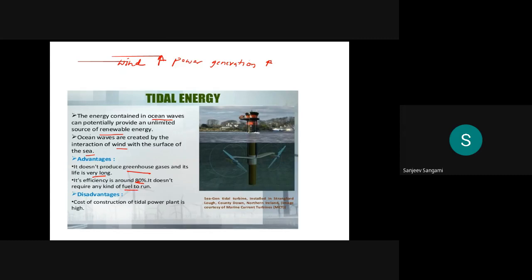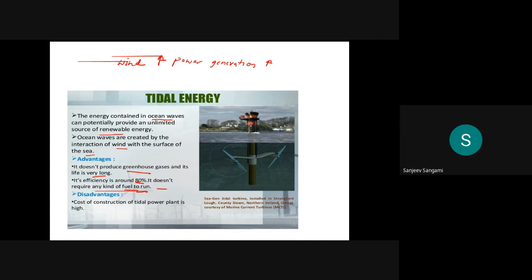This is one of the biggest advantages in tidal energy because in some natural sources like hydro energy, first you have to invest some money to release the water and the jet is going to hit the turbines. All these things are required to be done at the starting stage, but it is not like that here.